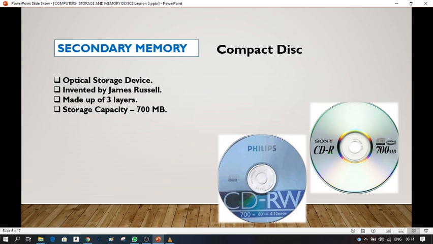Rewritable CDs are a type of CD that can be erased many times to save new data on it. The average storage capacity of a CD is 700 MB. A computer requires a special device called a CD writer to write data to a CD-R or CD-RW.